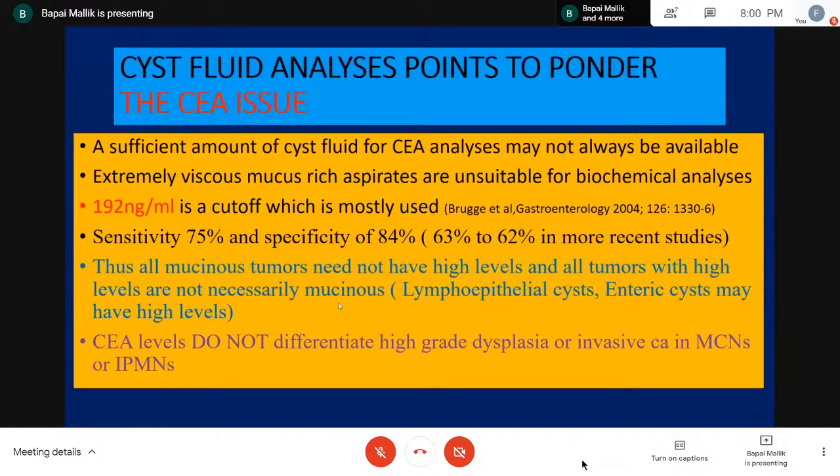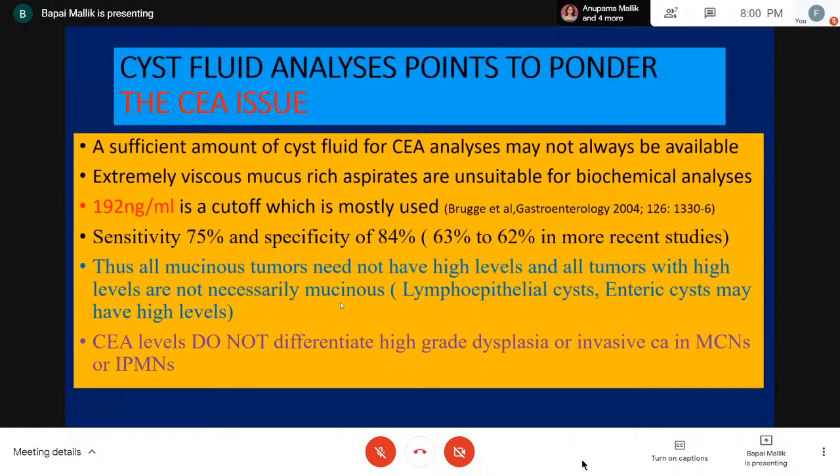So it is not really set in gold. It is extremely useful, but you have to take the whole scenario into consideration. You have to remember that there are mucinous tumors which do not show raised CEA levels, and of course there are tumors which are actually non-mucinous which can show raised CEA levels.